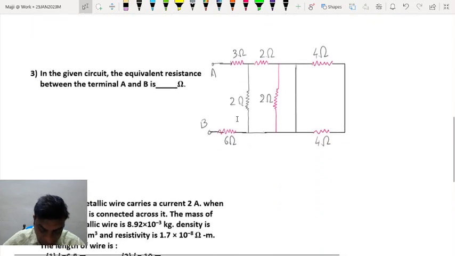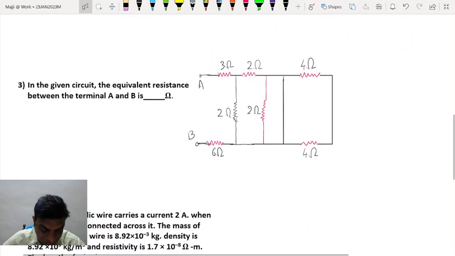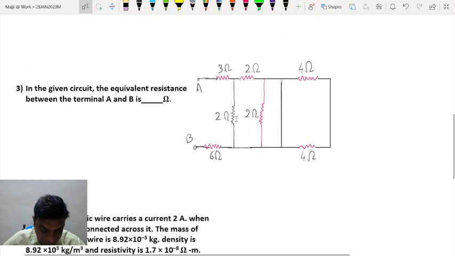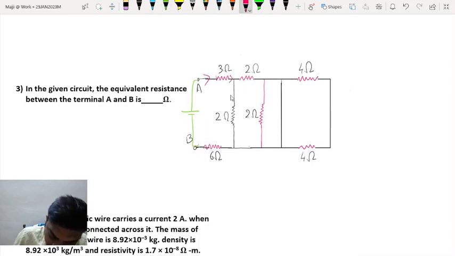Then moving on to the third question. As you can see, in the given circuit, the equivalent resistance between terminal A and B is. When you connect a cell between terminals A and B, you will find that the current will go through like this. But as soon as it reaches here, very important thing, the entire current will pass through this because these 2 points are short circuited.